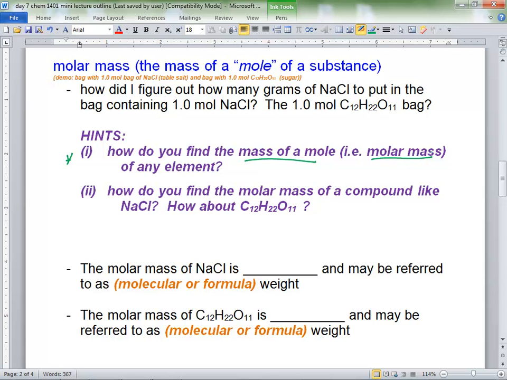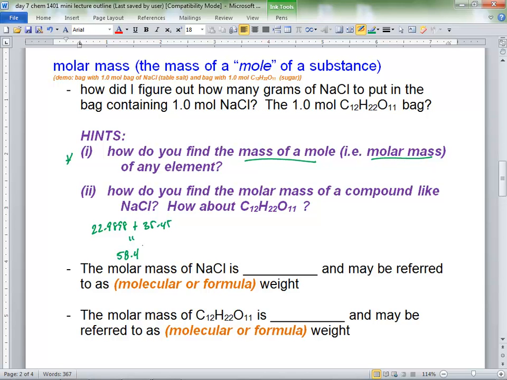So take the sodium plus the chlorine, and you'll have it. Sodium is 22.9898, and chlorine is 35.45. 22.9898 plus 35.45, I'm just going to round it. I'm going to say 58.4.